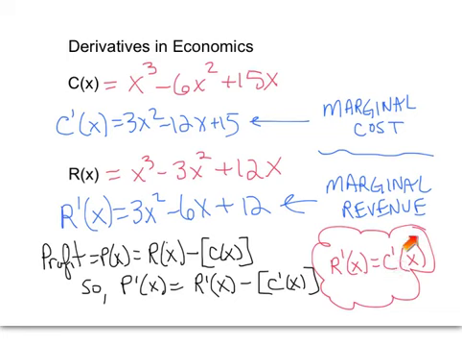So let me just rehash it one more time. You're given a cost function. You find marginal cost by taking its derivative. They will give you a revenue function. You take the derivative, and that's called marginal revenue. Profit is revenue minus cost. Notice I put it in brackets for a reason, because remember, you'd have to distribute this minus sign on everything in there.